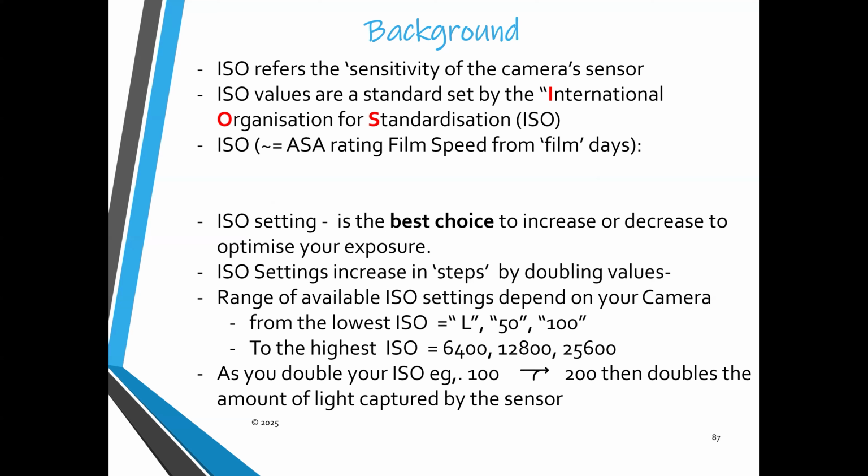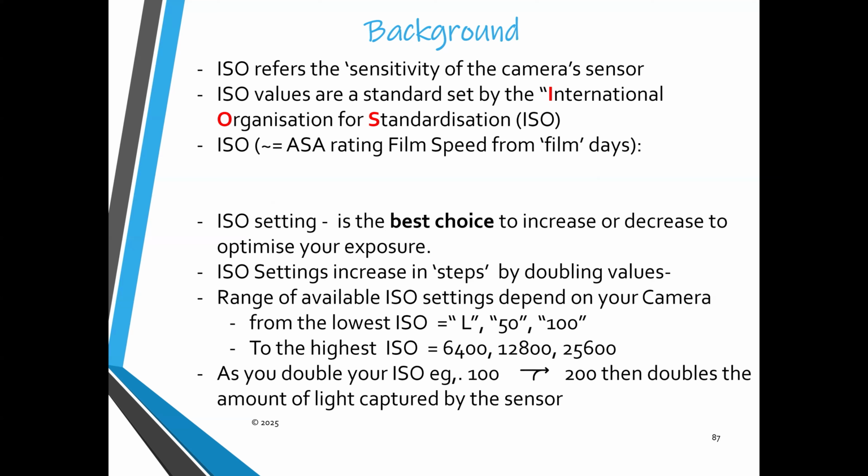The word ISO people find is a strange word, and it actually stands for the International Organization of Standardization. And whilst the order of these letters isn't correct, it's because that's how it's written in French. But in English, we call it the International Standards Organization, but that's its official name.